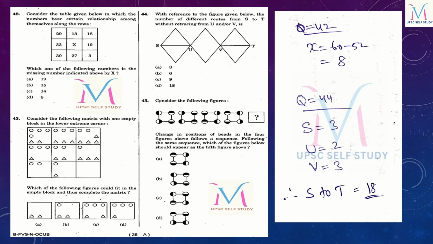So within four boxes, this black part is completing its revolution. Again it has to start with the same box. So for question number 45, the answer is B.